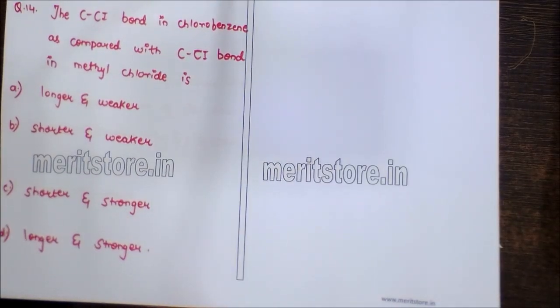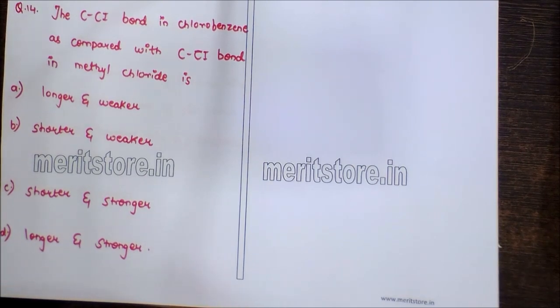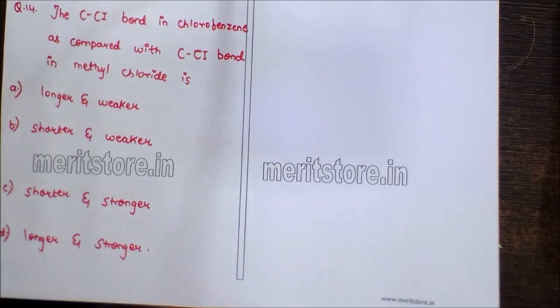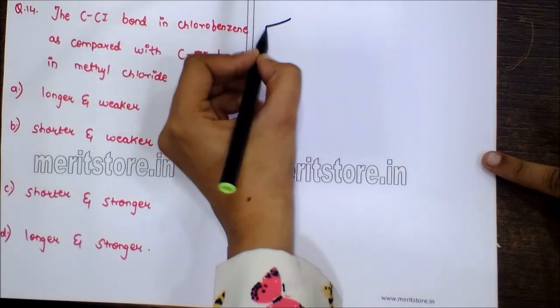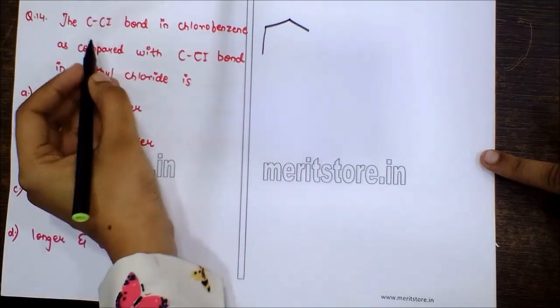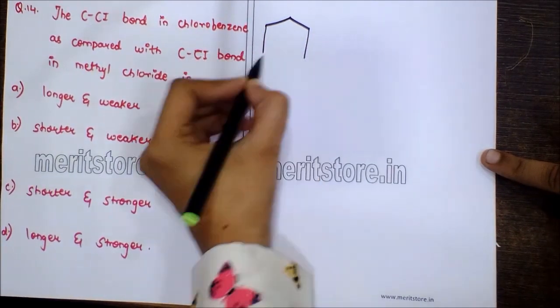The C-Cl bond in chlorobenzene as compared with the C-Cl bond in methyl chloride is A. longer and weaker, B. shorter and weaker, C. shorter and stronger, D. longer and stronger. So over here, let us first draw methyl chloride and chlorobenzene.